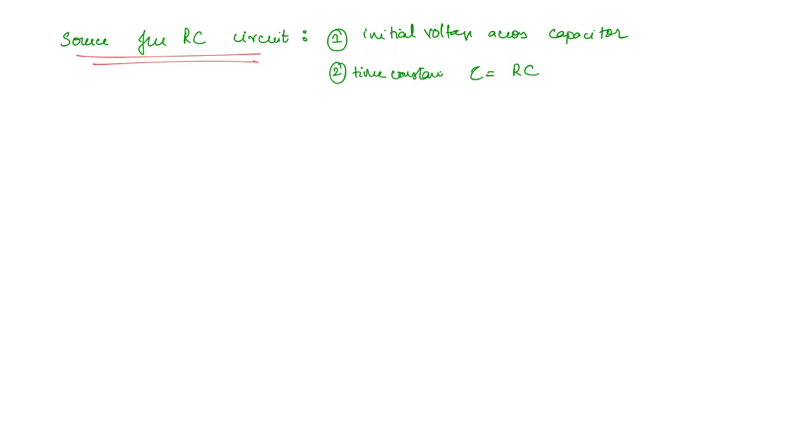Then first we will be able to find out the voltage across the capacitor. Vc is equal to V naught e to the power minus t by RC, if this is V naught. We can take the same circuit once again and find the currents as well. What will be the current through the resistor?